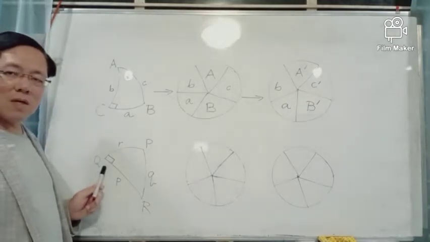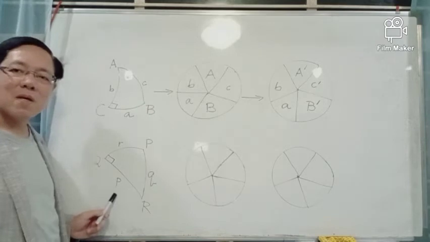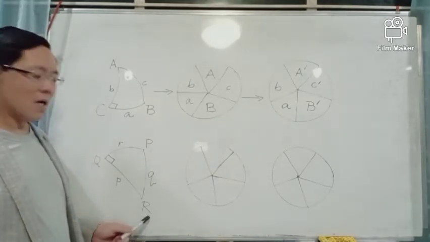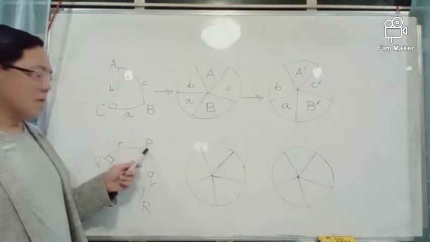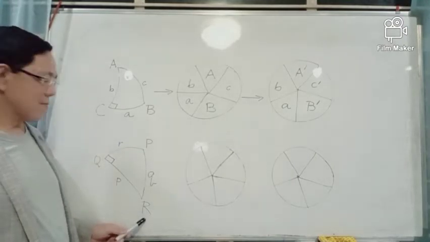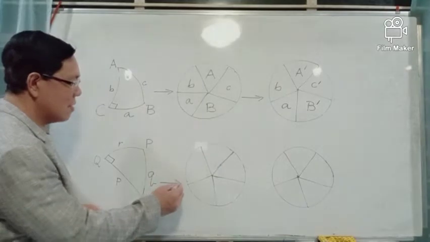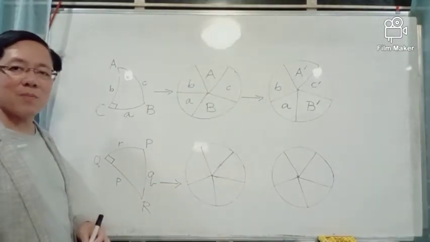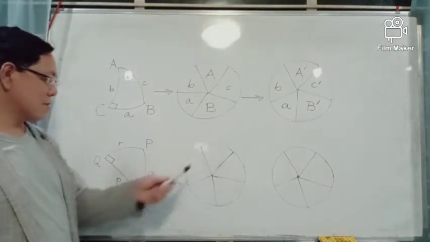The 5 parts that may vary are side p, angle R, side small q, angle P, and side r, opposite angle R. We place these 5 parts into a circle divided into 5 equal parts.